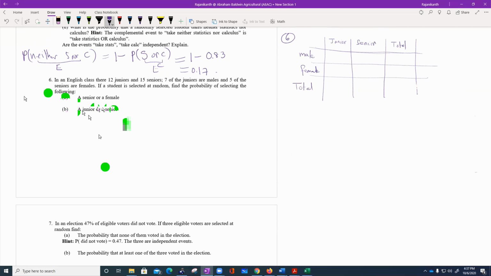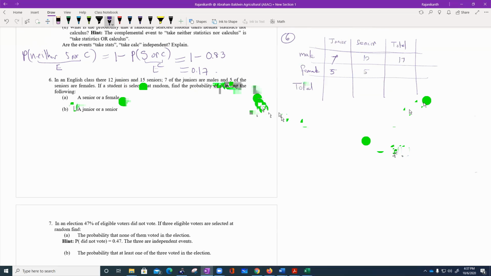If you read the problem, there are 12 juniors and 15 seniors. 7 of the juniors are male, so 7 are male, right? And 7 juniors are male, but they are telling us in total there are 12, therefore the remaining should be female, 5. And the 15 seniors, 5 of the seniors are female, so it's going to be 5 here, and here should be 10.